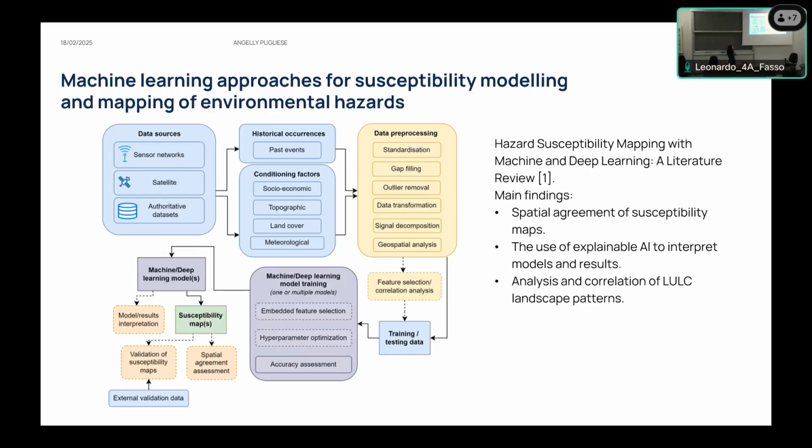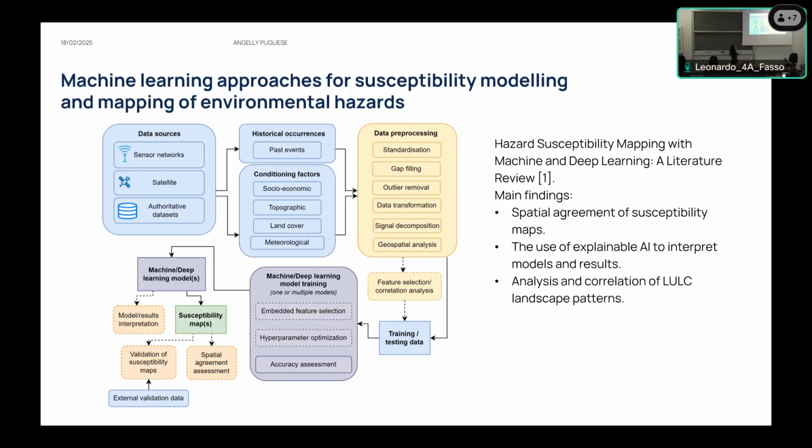It starts from grabbing data from multiple sources, such as sensor data, satellite and remote sensing data, and authoritative data sets, like any of the data sets that we all use from ARPA Lombardia or from Regione Lombardia. Then all this data splits into the historical occurrences and the conditioning factors.